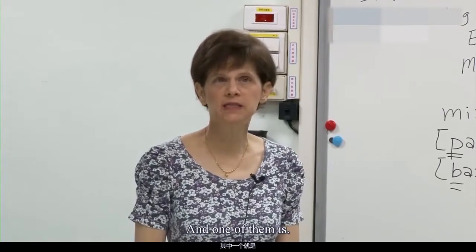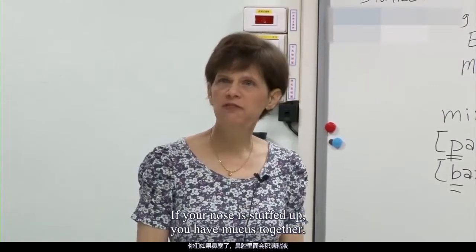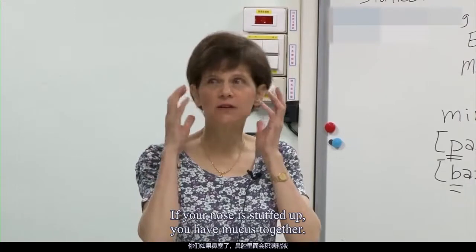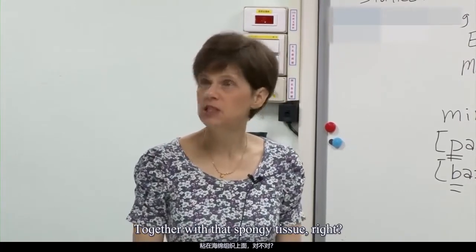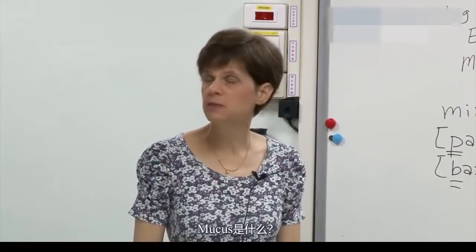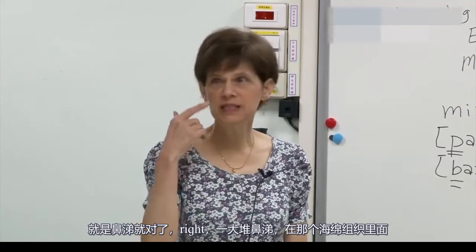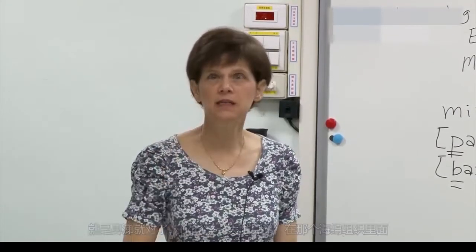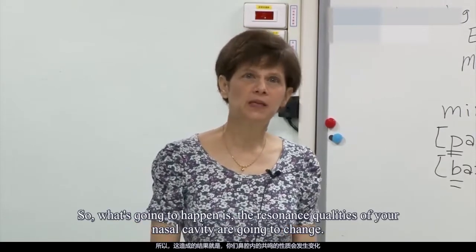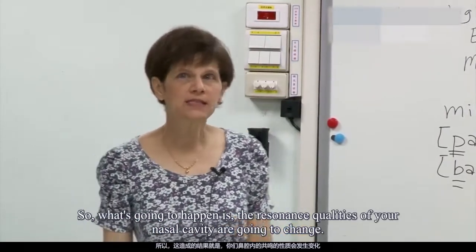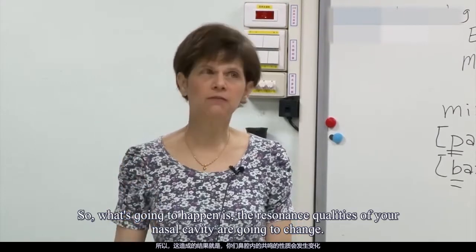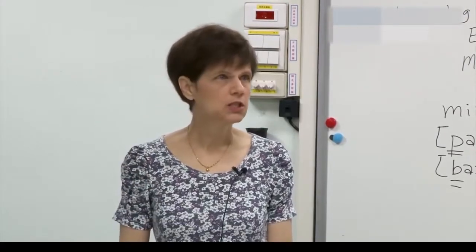And one of them is if your nose is stuffed up, you have mucus together with that spongy tissue, right? Mucus 是什么？就是鼻涕就对了。一大堆鼻涕在那个海绵组织里面。So what's going to happen is the resonance qualities of your nasal cavity are going to change.